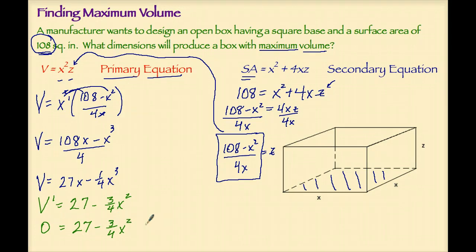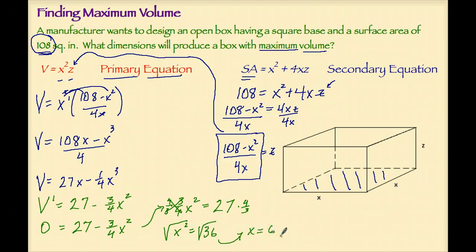If I add the 3/4 x squared over to the other side, I end up with 3/4 x squared equals 27. Multiplying both sides by 4/3 in order to get rid of that fractional coefficient gives me x squared is equal to 36. When I take the square root of both sides, I get plus or minus 6, but of course we know in this situation we're not going to have a negative dimension, so x is equal to 6.